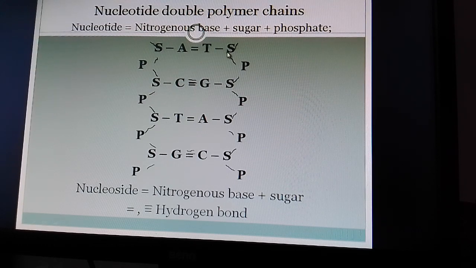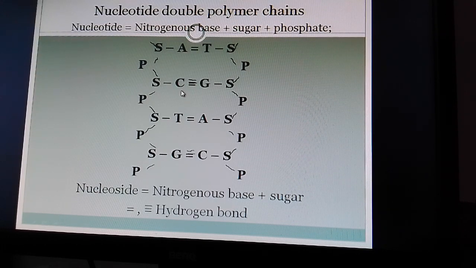In the same way, the other side will be having a polymer strand of nucleotides. Now the polymer of one side will be joining the polymer of the other side by the hydrogen bonds. If it is adenine and thymine, the pairing nucleotides, then there is the possibility for two hydrogen bonds connecting this pair of nucleotides, parallel nucleotides.